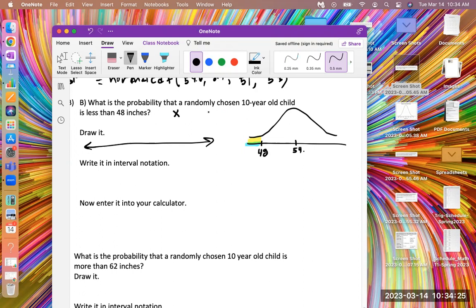I write an X and a 48, and then I put the small part of the arrow closer to the smaller number. If we want the values to be less than 48, then this X needs to be less than 48. The smaller part of the arrow is next to the smaller number, the X, which is supposed to be smaller, less than 48.